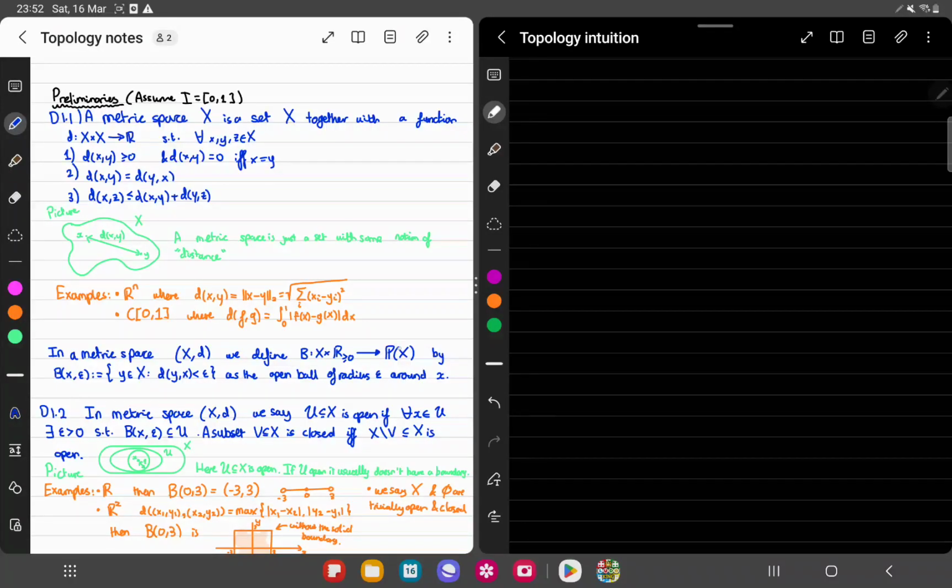I don't really mind. But what does this really mean here? What is the open ball? Well, let's read what this says. It says all the points in X such that the distance from y to x is at most epsilon.